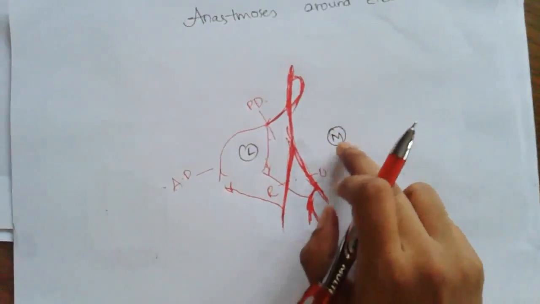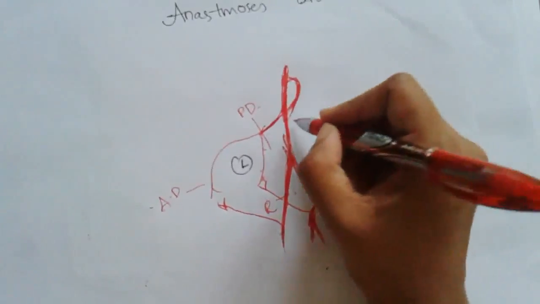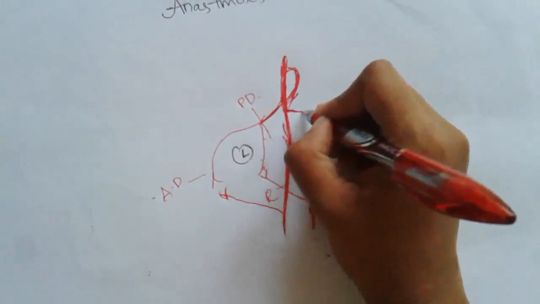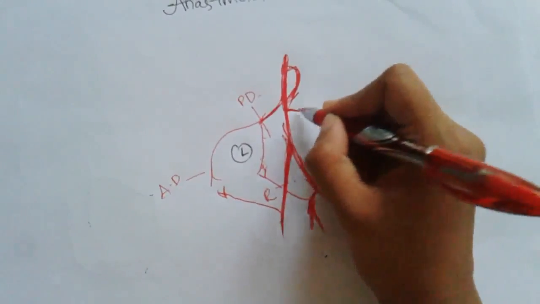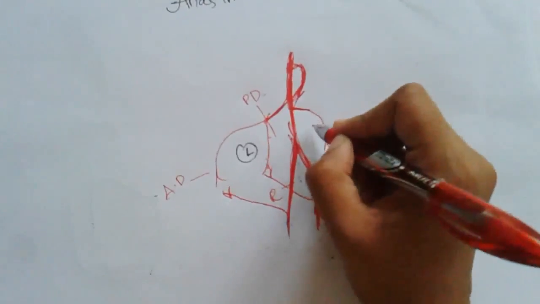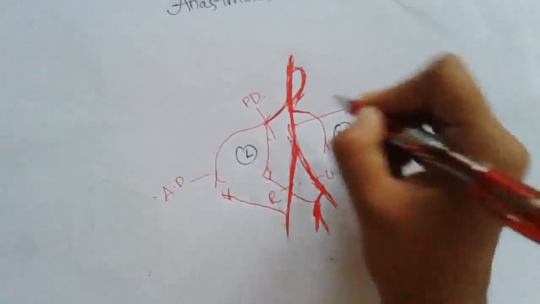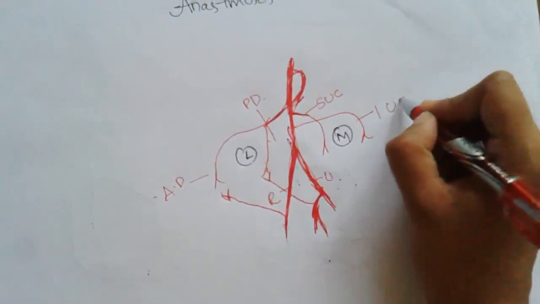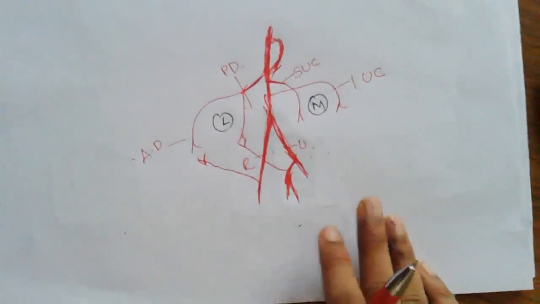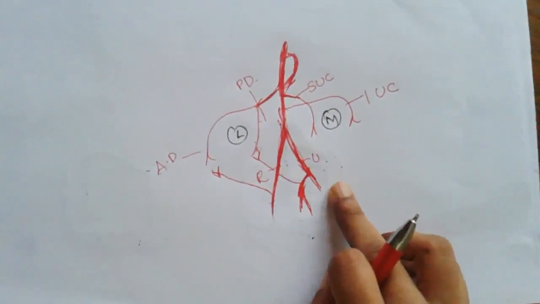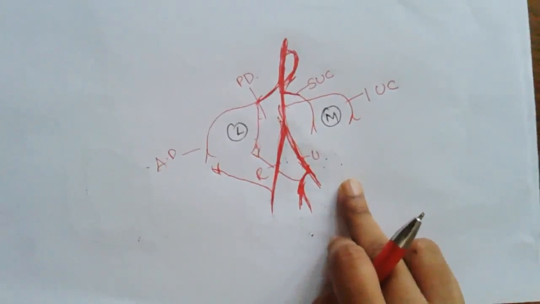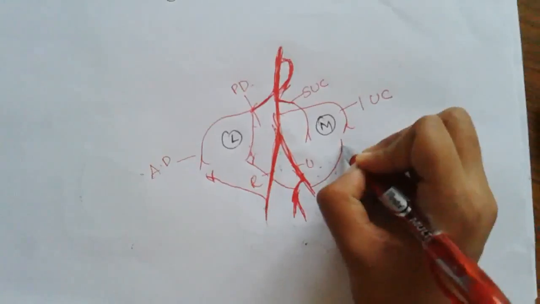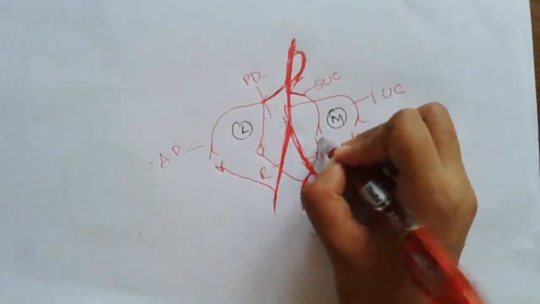And then in the medial side, what is happening is this brachial artery gives two branches. One is superior ulnar collateral and the other is inferior ulnar collateral. This is superior ulnar collateral. This is inferior ulnar collateral. Okay, and the ulnar artery gives two branches, anterior ulnar recurrent and posterior ulnar recurrent.